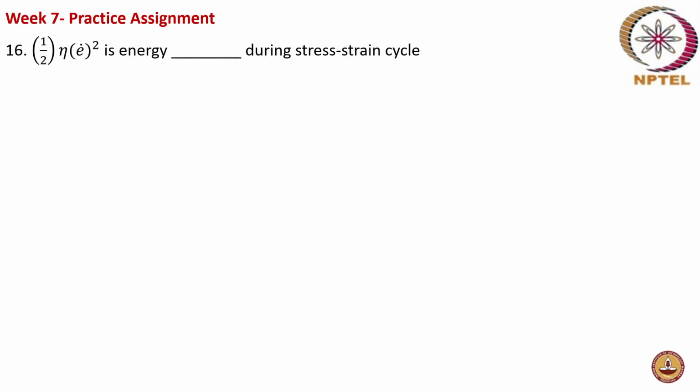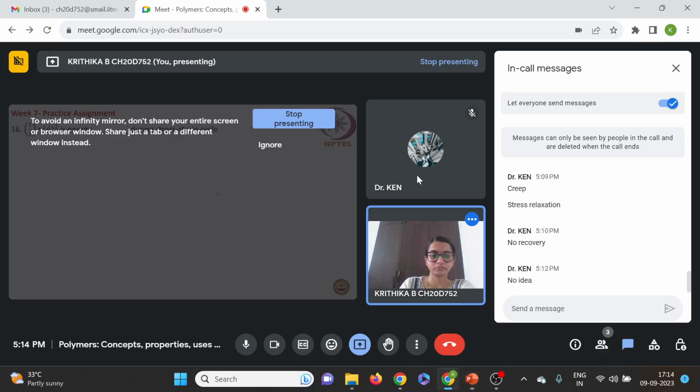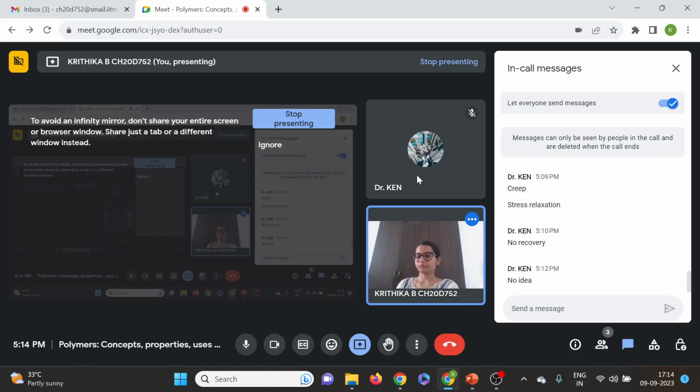1 by 2 into eta into strain square is energy dash during a stress strain cycle. Is it energy storage or energy dissipation? This expression is an expression for energy storage or energy dissipation. Which of these corresponds to?